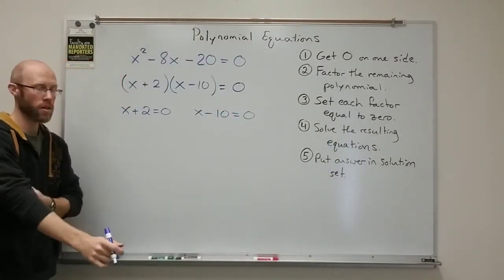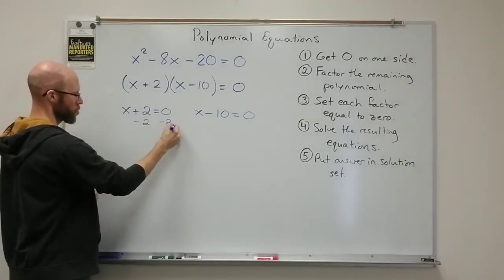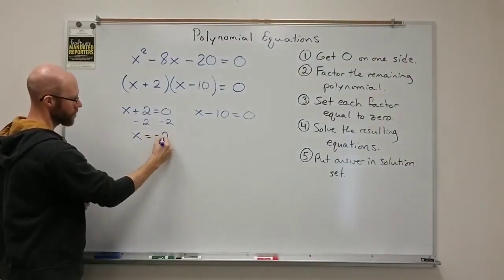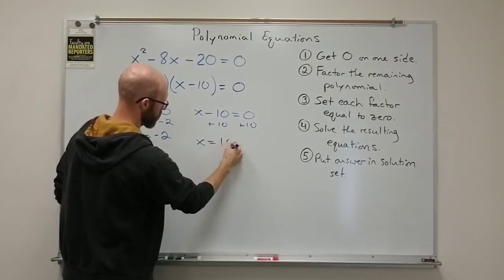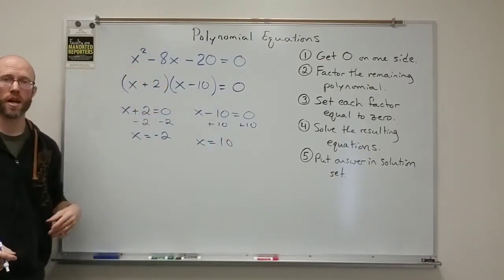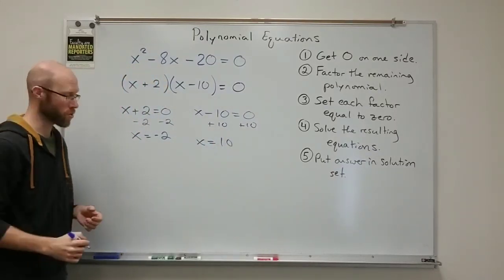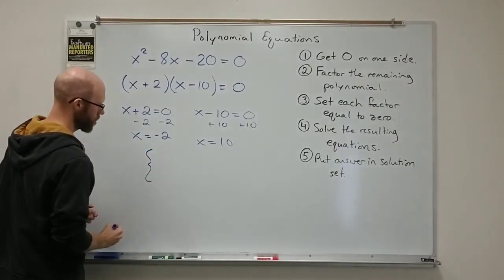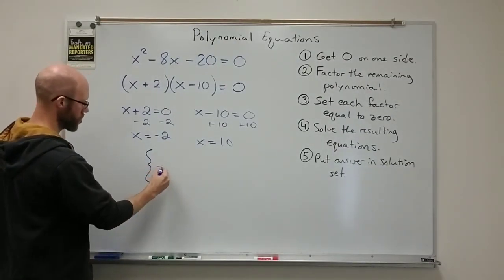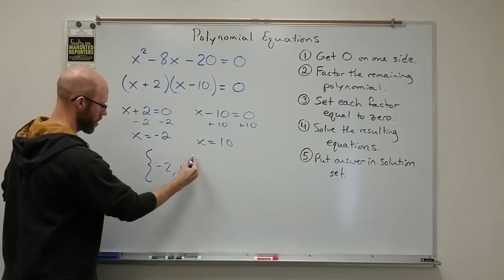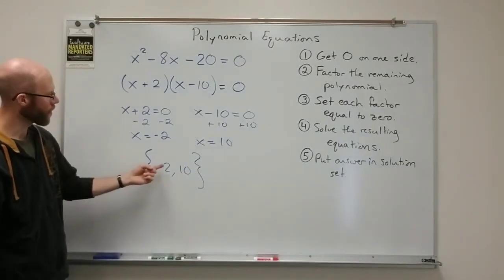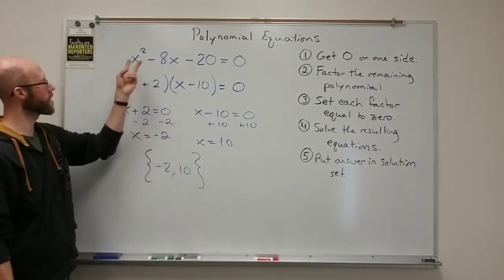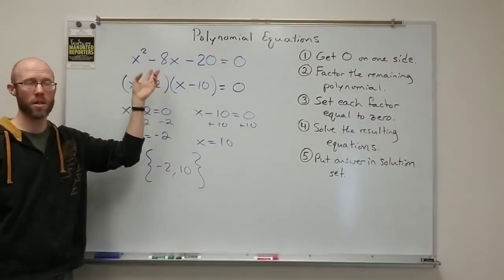Solve the resulting equations. So subtract 2, you get a -2 here, add 10, and you get 10. So -2 and 10 are the actual 2 solutions, and I'm going to put them in a solution set, -2, 10.